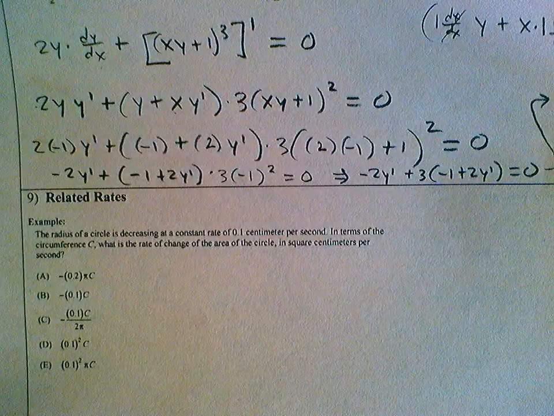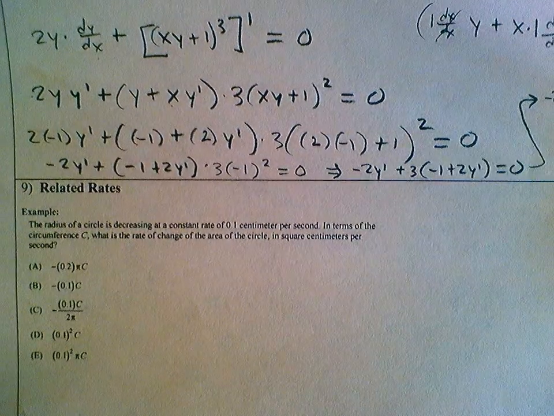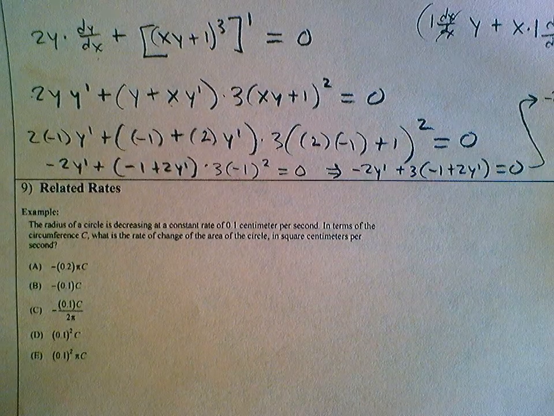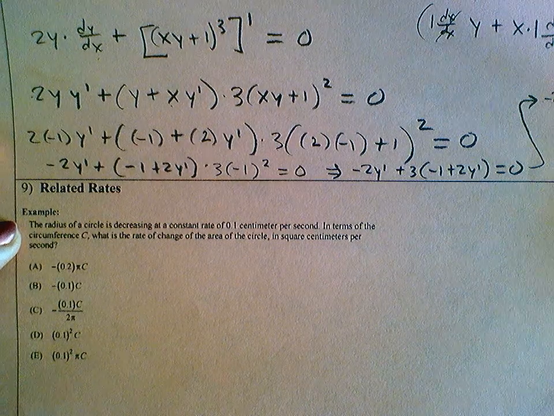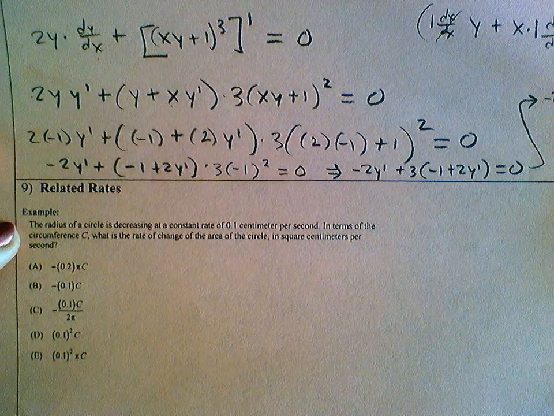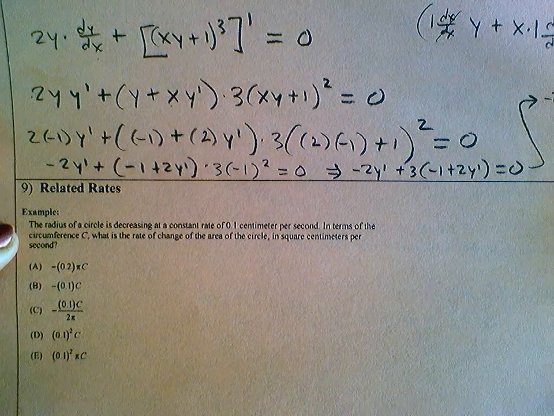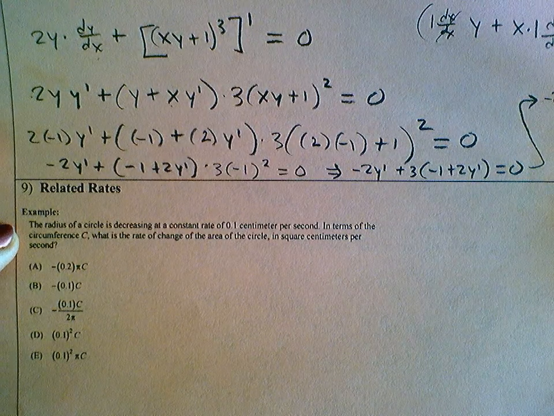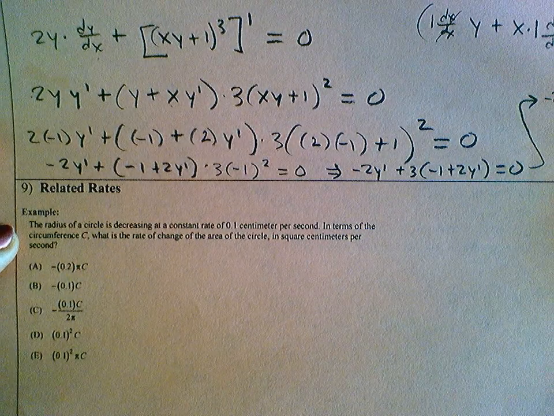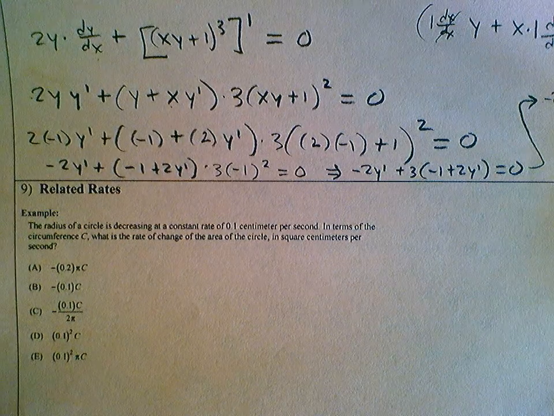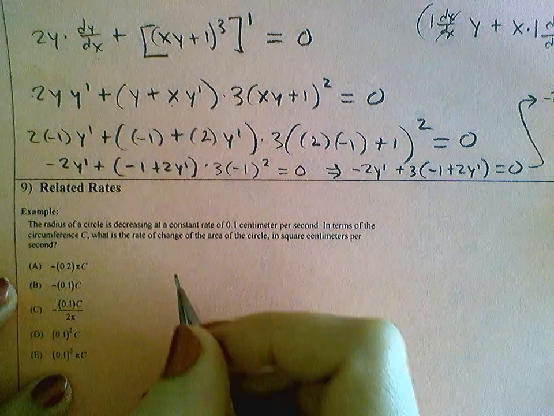Okay. Now, related rates. So this was a long time ago. The radius of a circle is decreasing at a constant rate of 0.1 centimeter per second. In terms of the circumference C, what is the rate of change?